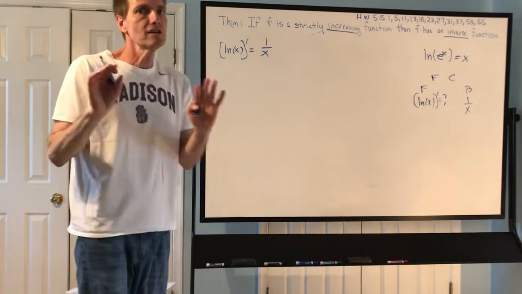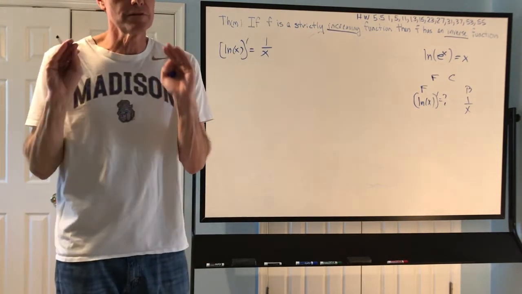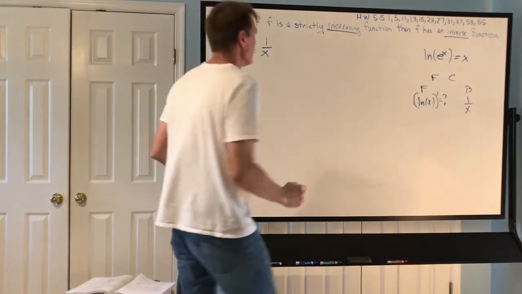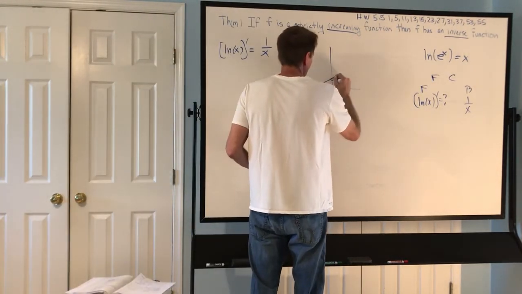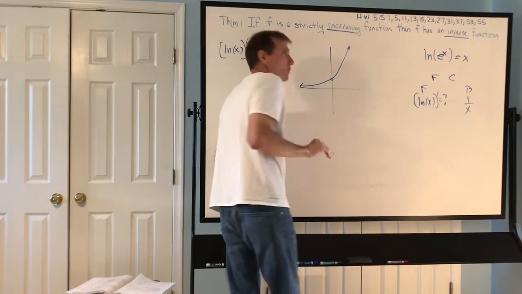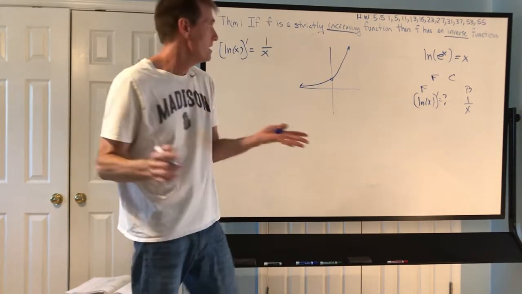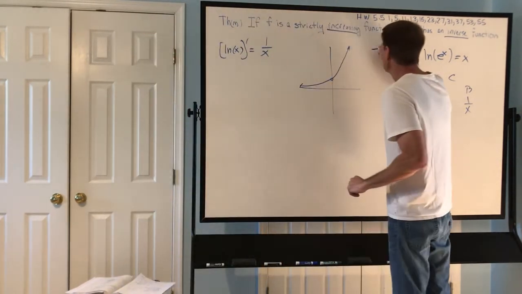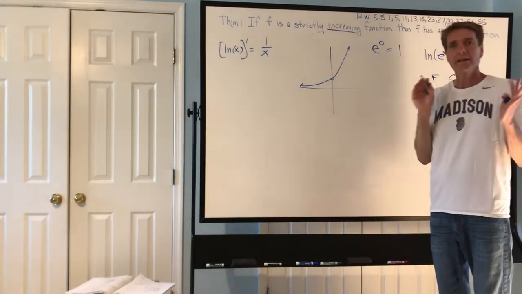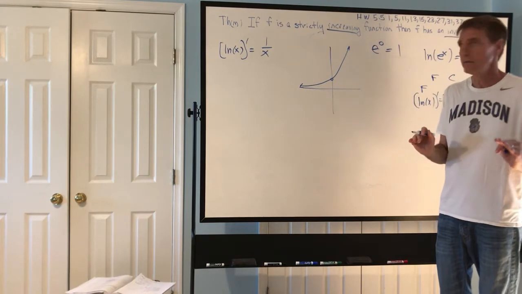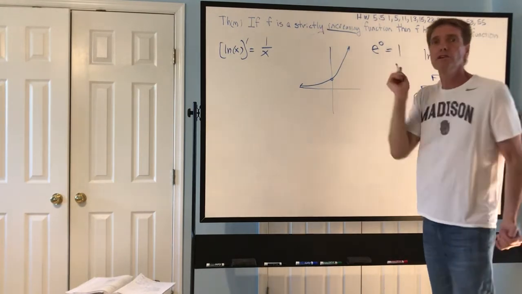Now I've got to talk a little bit about domain and range for the natural log. Remember, e to the x looks like this. Really, the only value we know immediately is that e sends 0 to 1.